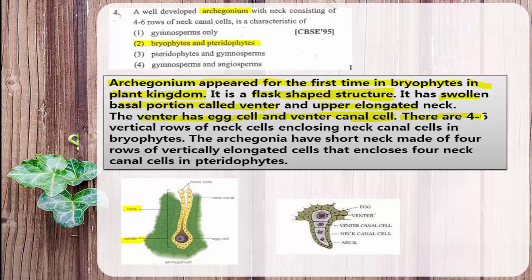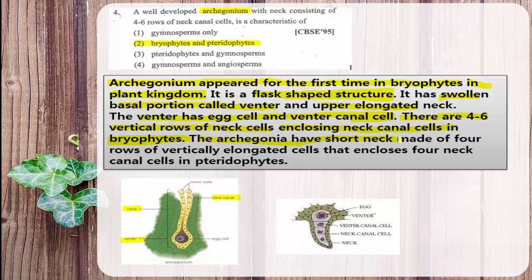There are 4 to 6 vertical rows of neck canal cells. This portion represents the neck canal cells. The number is 4 to 6 in the case of bryophytes. Remember, the 4 to 6 vertical rows of neck canal cells are present in bryophytes.